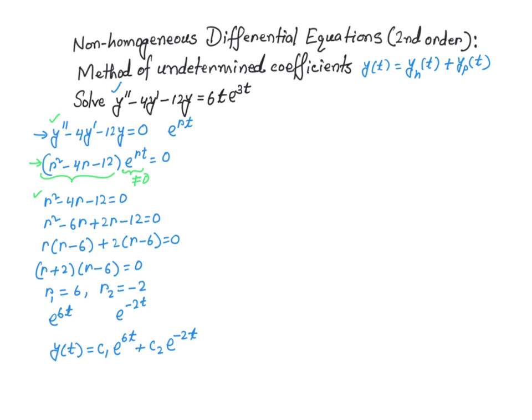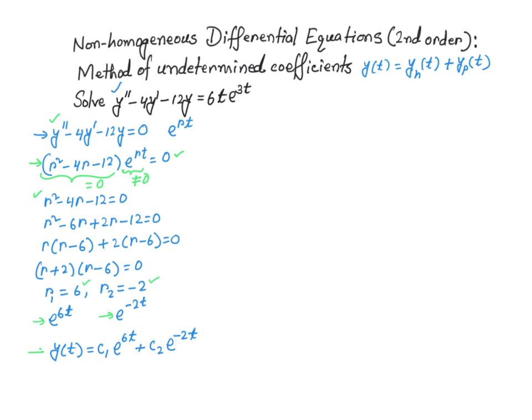In that case, the other factor must be equal to 0 because we have a product of two factors that leads to 0. Now, if we take r squared minus 4r minus 12 equal to 0 and just factor it, or you may use the quadratic formula, we get r1 is equal to 6, r2 is equal to negative 2. So your solutions are going to be e to the power 6t and e to the power negative 2t.